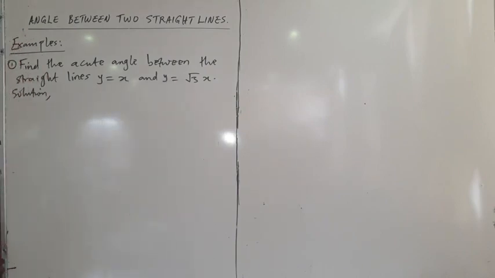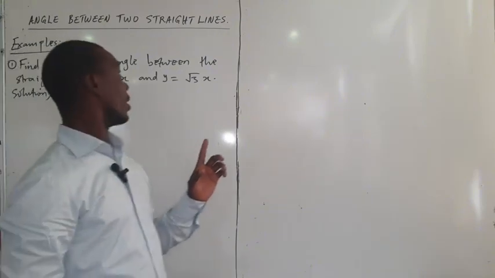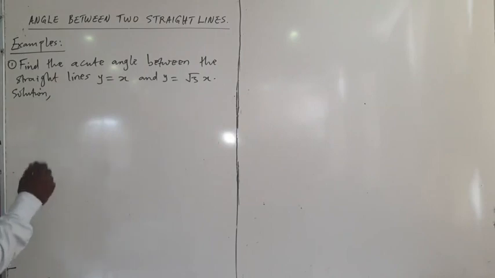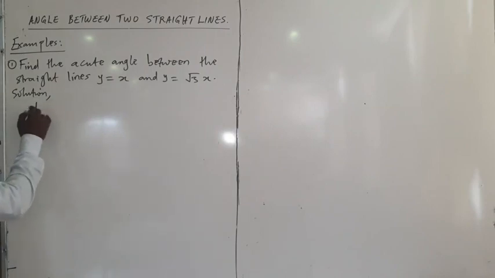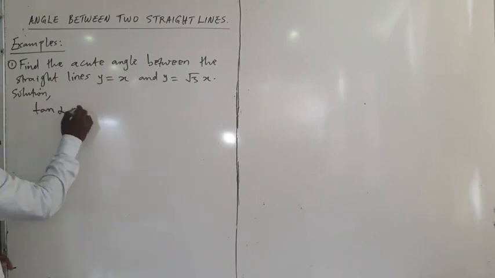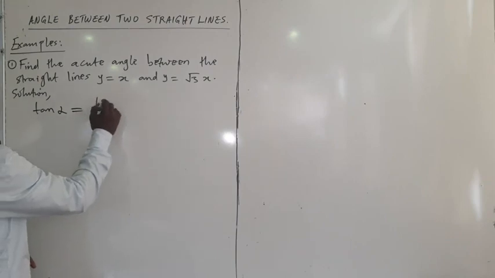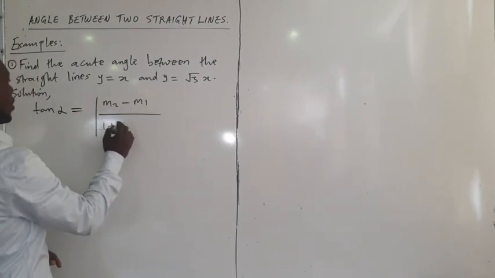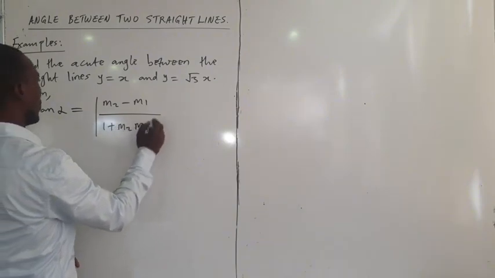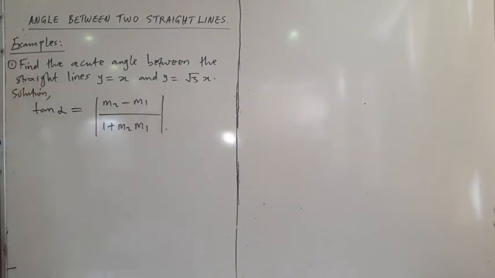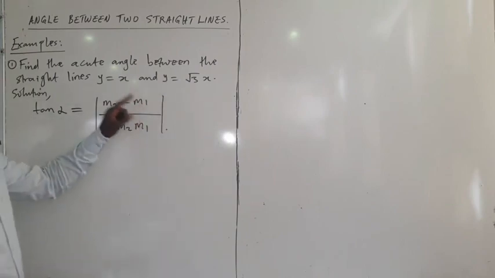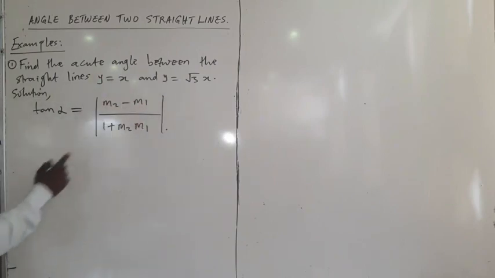You should remember the angle between two straight lines formula: tan alpha is the absolute value of m2 minus m1 all over 1 plus m2 m1. So here is the formula. m2 will be the gradient of the second equation, and m1 will be the gradient of the first equation.